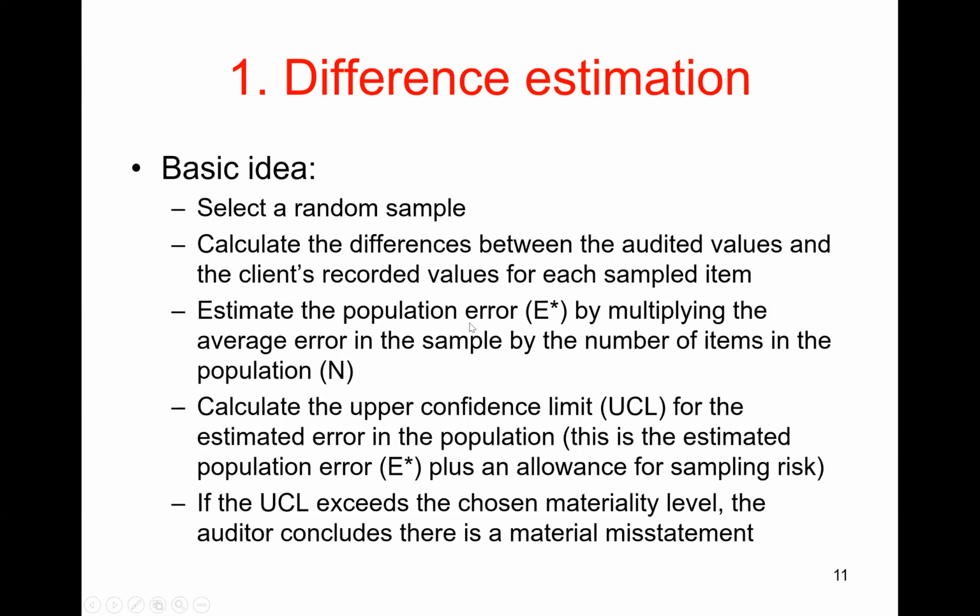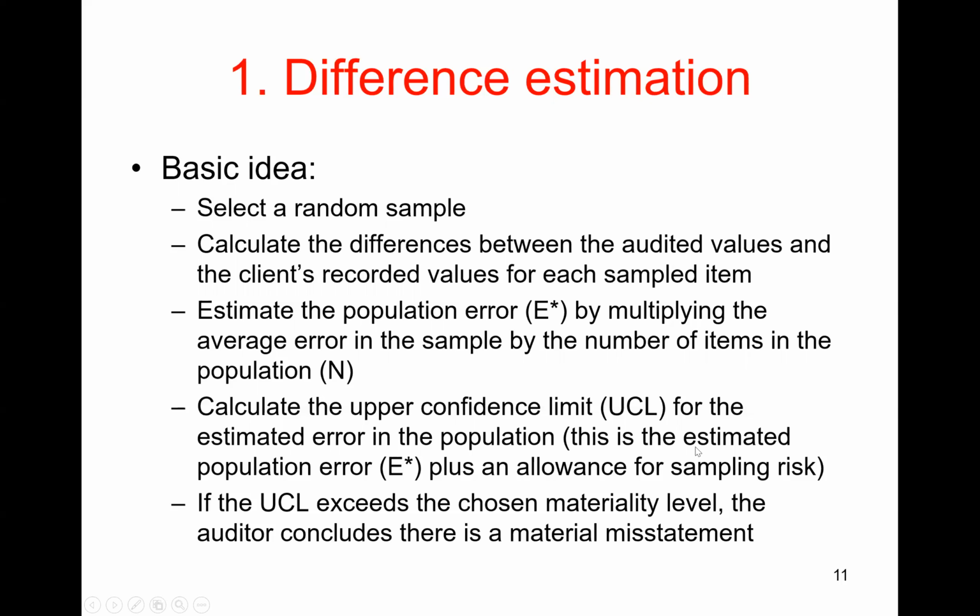We're going to estimate the population error by multiplying the average error in the sample by the number of items in the population. Then the next step, we're going to take account of sampling risk, right? And we're going to calculate what's called the upper confidence limit. The upper confidence limit is the estimated error in the population plus an allowance for sampling risk.